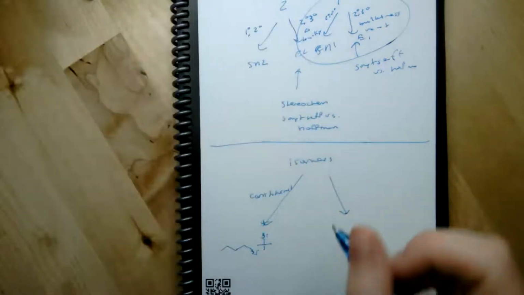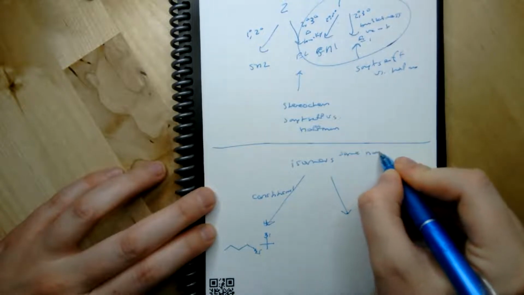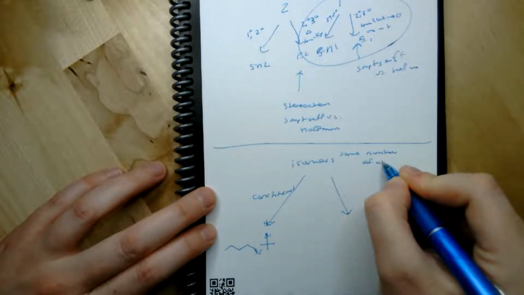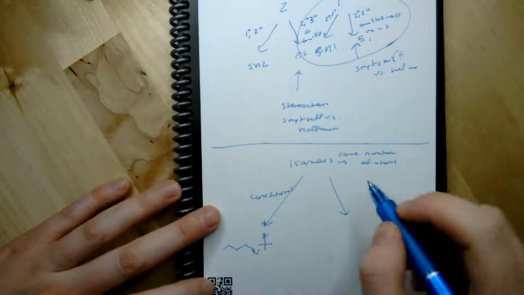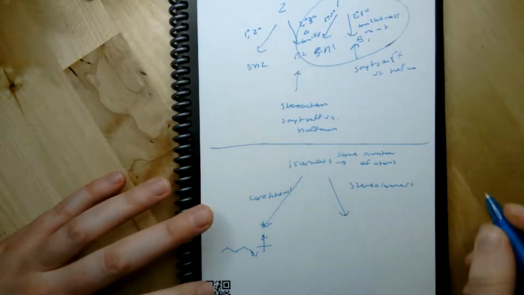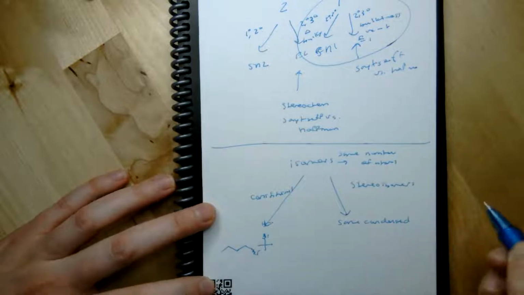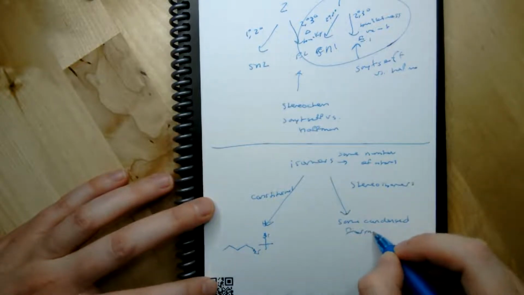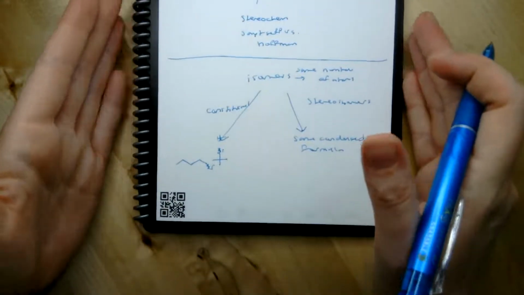But if they have the same number of each individual atom, then that's what an isomer in general is. So you have the constitutional and then stereoisomers. And stereoisomers are anything that has the same condensed formula. If you were to just write out the condensed formula, it's constructed exactly the same, but there's a 3D component that you have to consider.